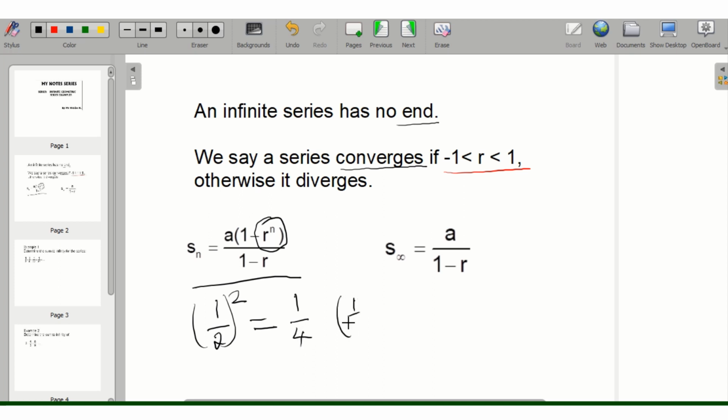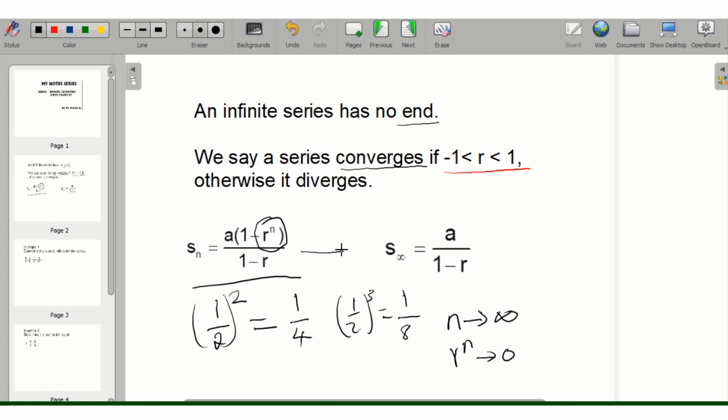If we have the same fraction 1/2 raised to power 3, we get 1/8. So what we notice is that as this continues, the fractions get smaller and smaller. In other words, as n approaches infinity, the value of r to the power n approaches 0.